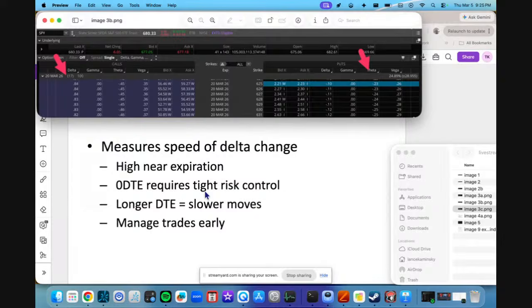Because suddenly, if you went slightly below 79 where you sold your put, you could get assigned on that contract. However, if you sold a 79 put when the stock's at 80 and you have 45 days out, if it went down a dollar, the delta is not going to change too much, because there's still plenty of time for the position to move. Does that make sense? Yep, makes sense to me.